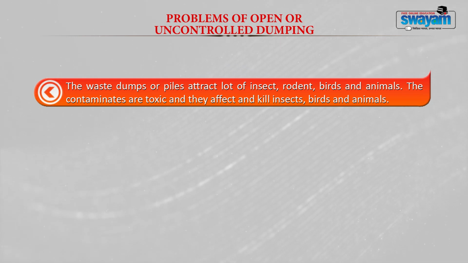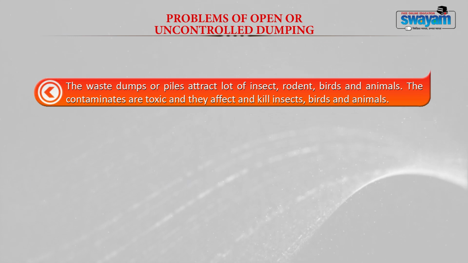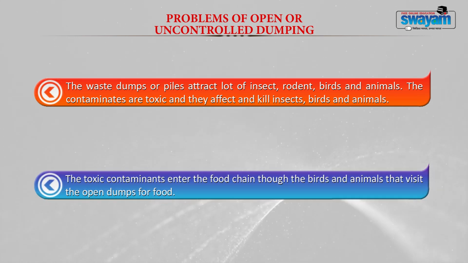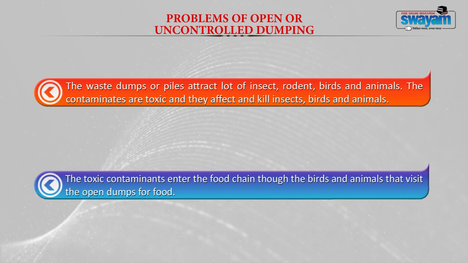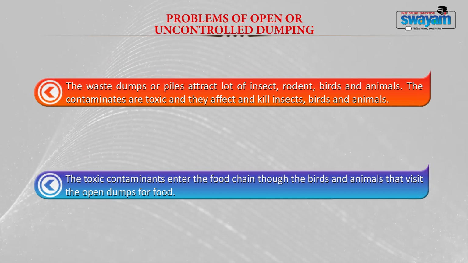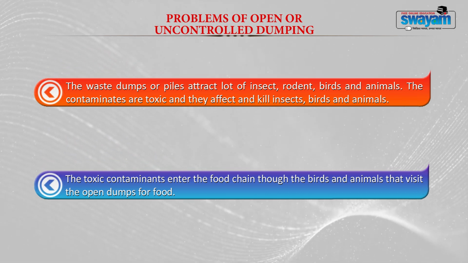So, when they take the food which is contaminated or which is present in the open dumps, these toxicants enter into the food chain through these birds and animals. One, the birds get affected, animals get affected, and finally it ends up in the upper or top level of the food chain where human beings are also affected.